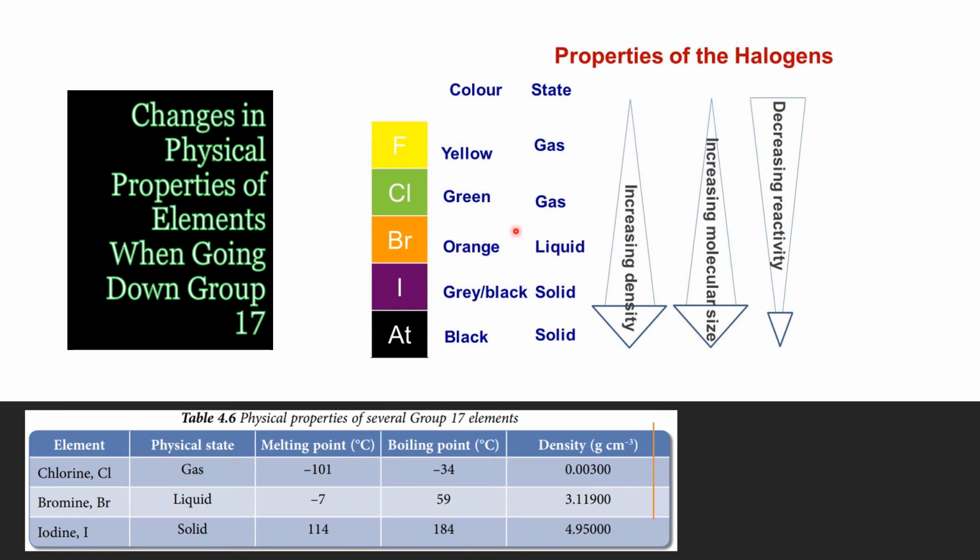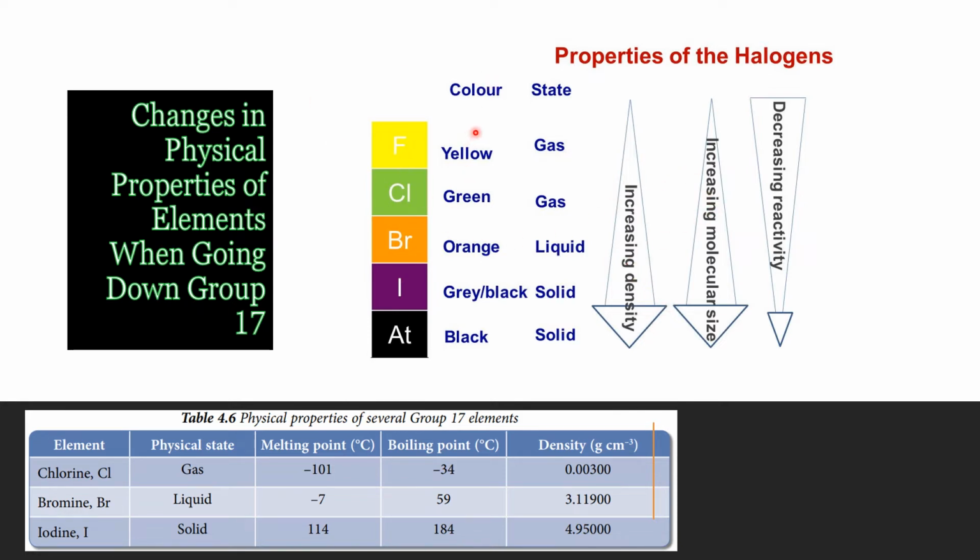So going down the group, the atomic size increases, the molecular size increases, and the relative molecular mass of fluorine, chlorine, bromine, iodine also increases. So that is why the density increases.